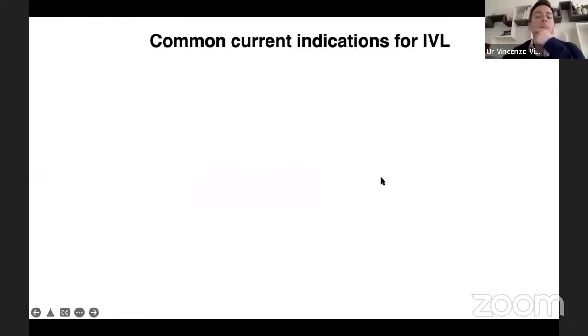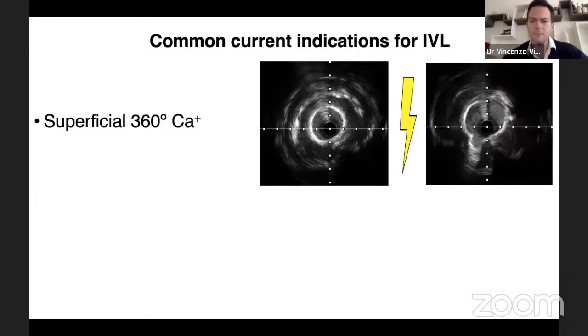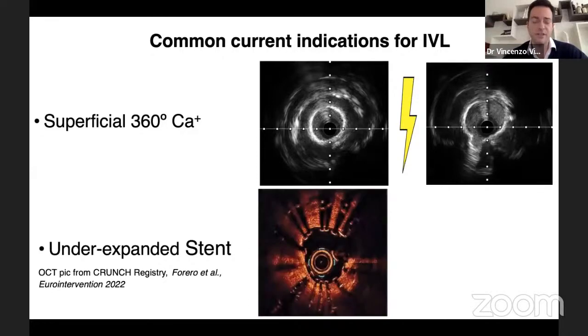So we already discussed the common current indications for IVL, which go from the treatment of superficial 360 degrees calcium, to, as demonstrated recently, a safe and efficient treatment of underexpanded stent.